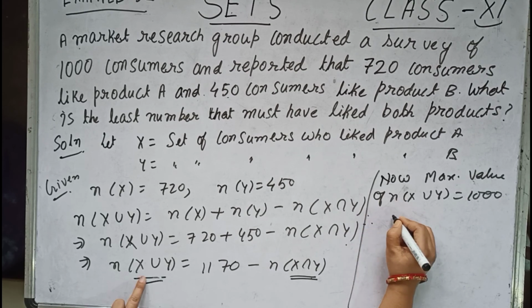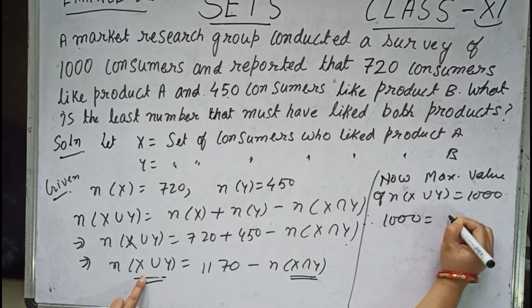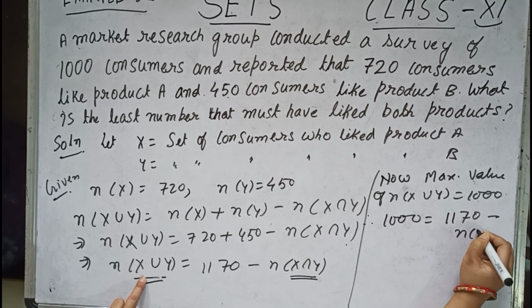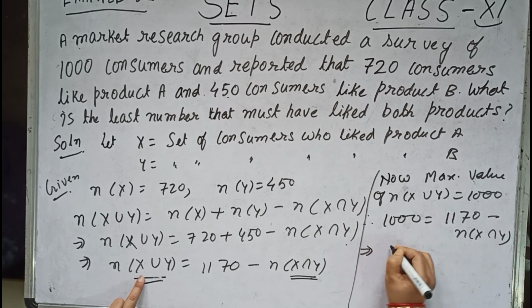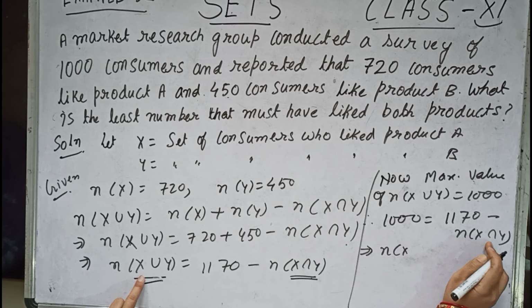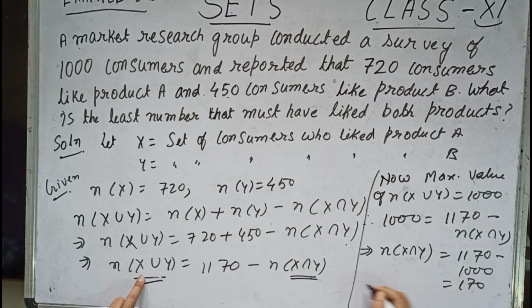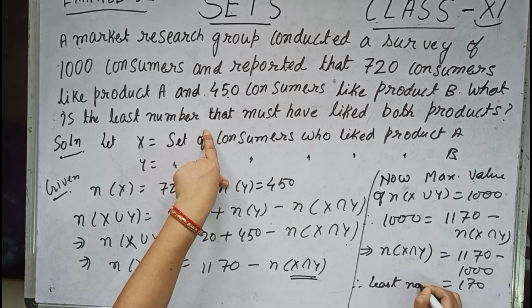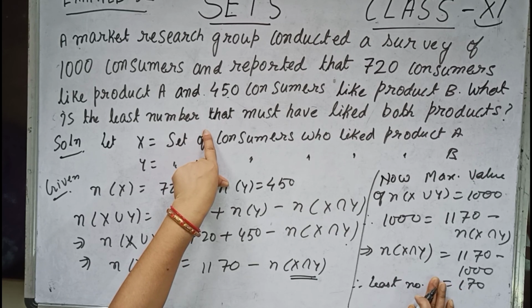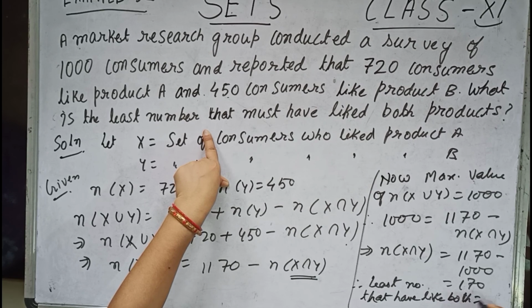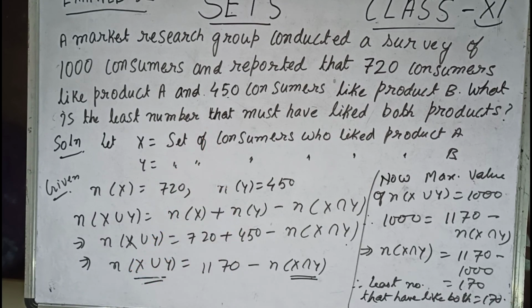Therefore 1000 equals 1170 minus n of X intersection Y. Therefore n of X intersection Y equals 1170 minus 1000 equals 170. Therefore the least number that have liked both equals 170.